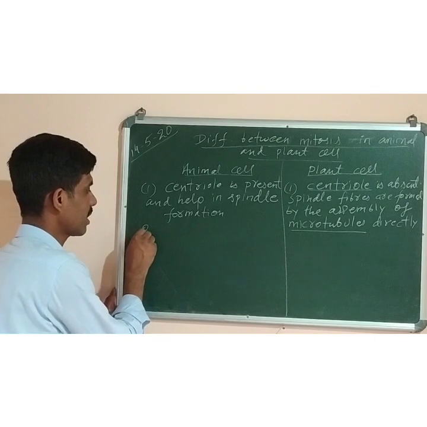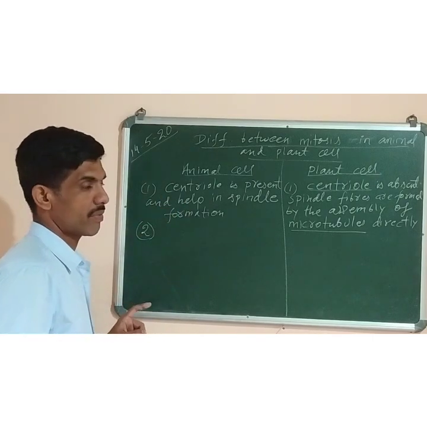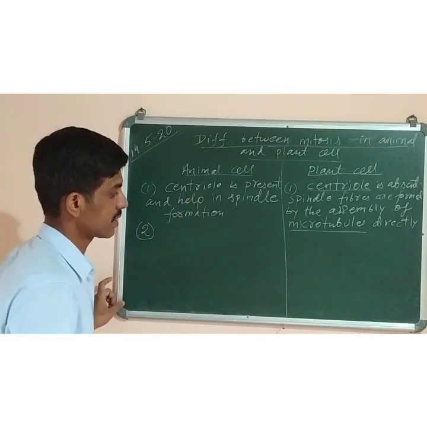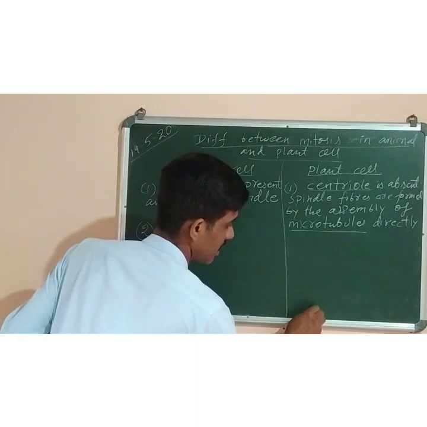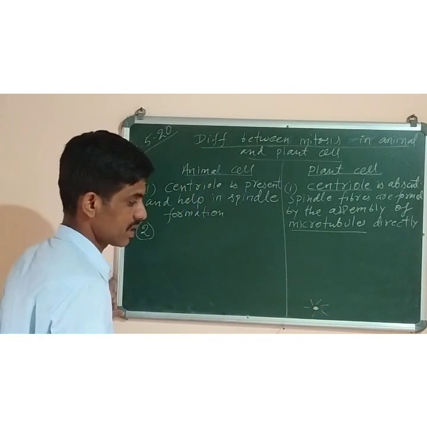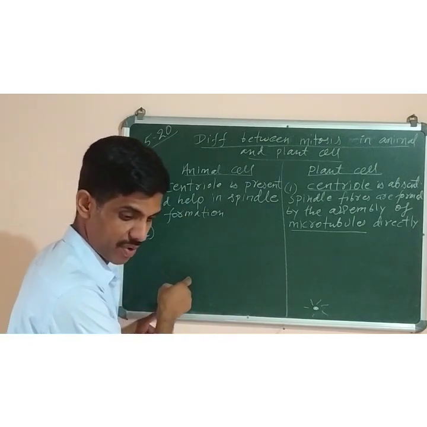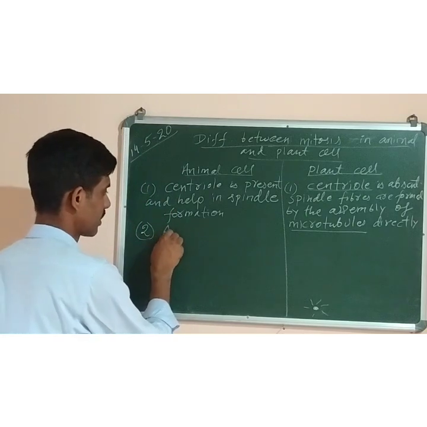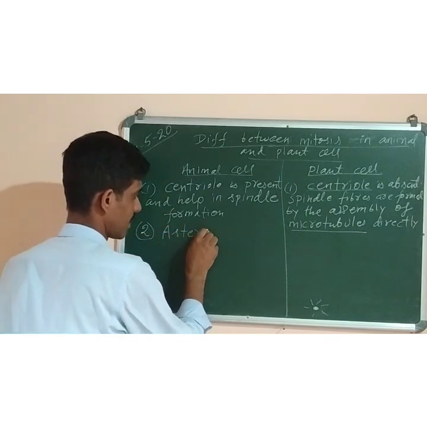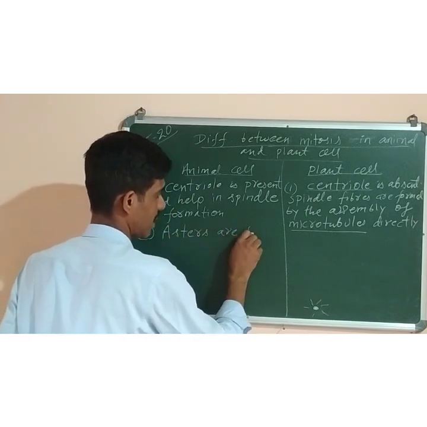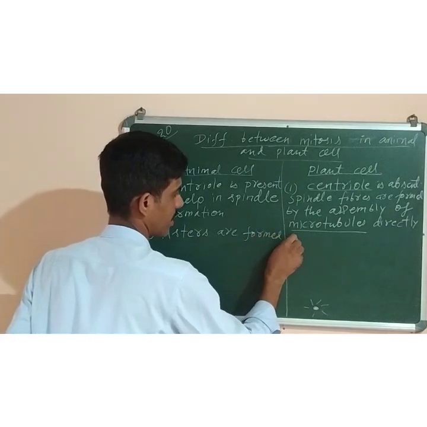Second difference you can write, asters are formed because centriole is there, and radiating rays are also produced, they are called the asters. So here asters are formed.